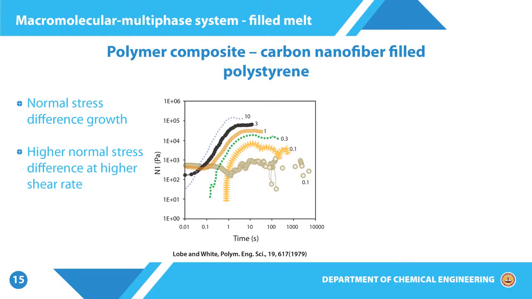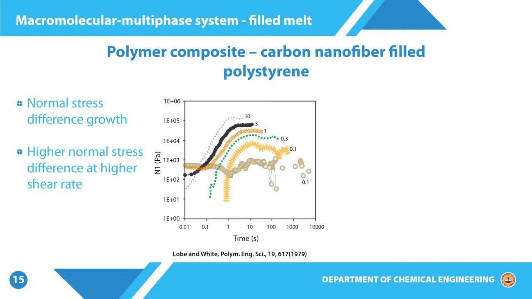So, just the way when we apply a constant strain rate, stress growth is observed, the normal stress of the material also changes as a function of time. Only at steady state will we obtain a constant shear stress and a constant normal stress difference. But by looking at the growth of normal stresses, again we can get an idea about what kind of nonlinear viscoelasticity is present in the material.